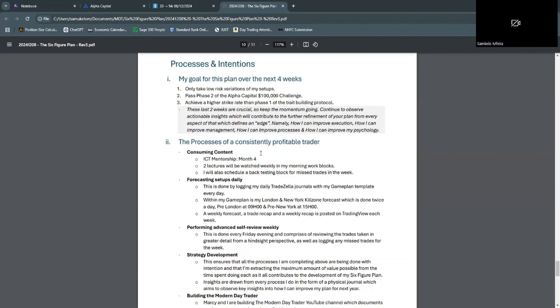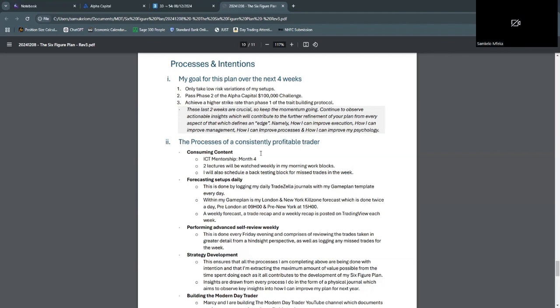And so my goal for this plan over the next 2 weeks is to only take low risk variations of my setups. One, to pass phase two of the Alpha Capital $100,000 challenge. While possible, I don't believe probable, just given the time that we have. But that's not what I believe with the market. I think that's me trying to be a bit rational. Anything is possible.